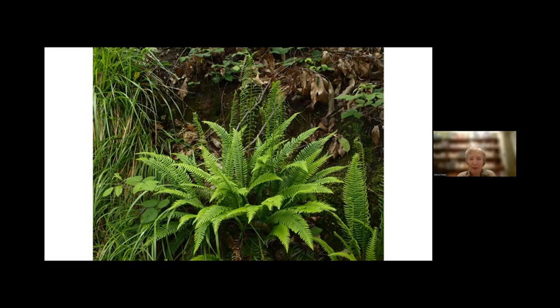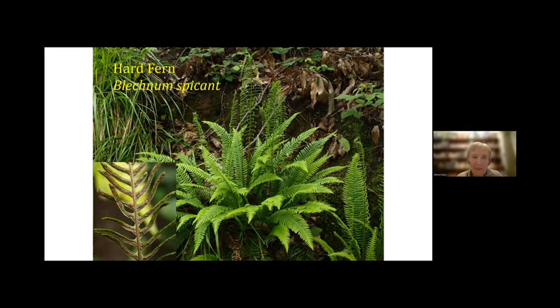So to move on, I expect lots of you have seen this fern and know what it is on your expeditions. This is our hard fern, or Blechnum spicant. It is dimorphic, which means it's got separate fertile and vegetative fronds.